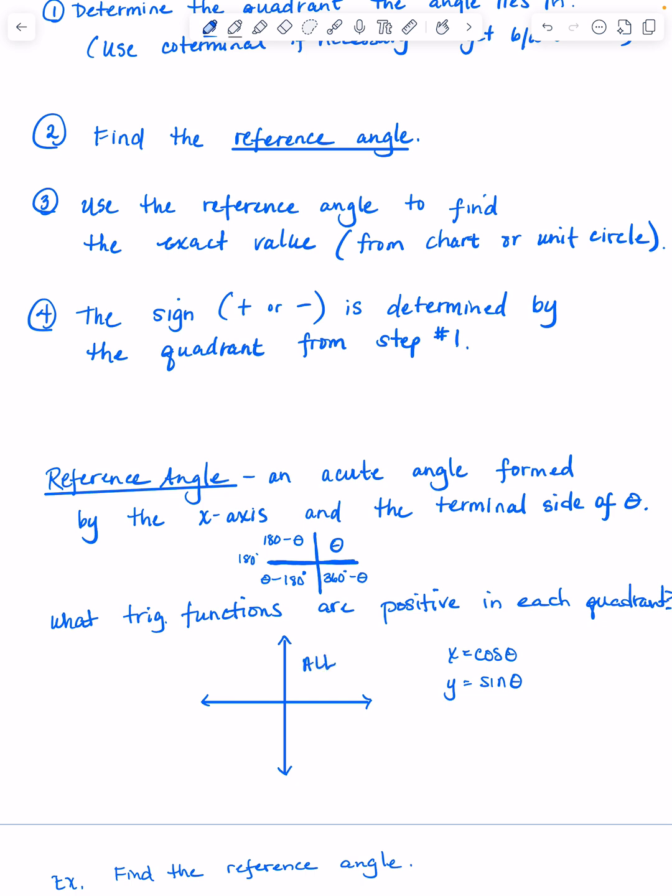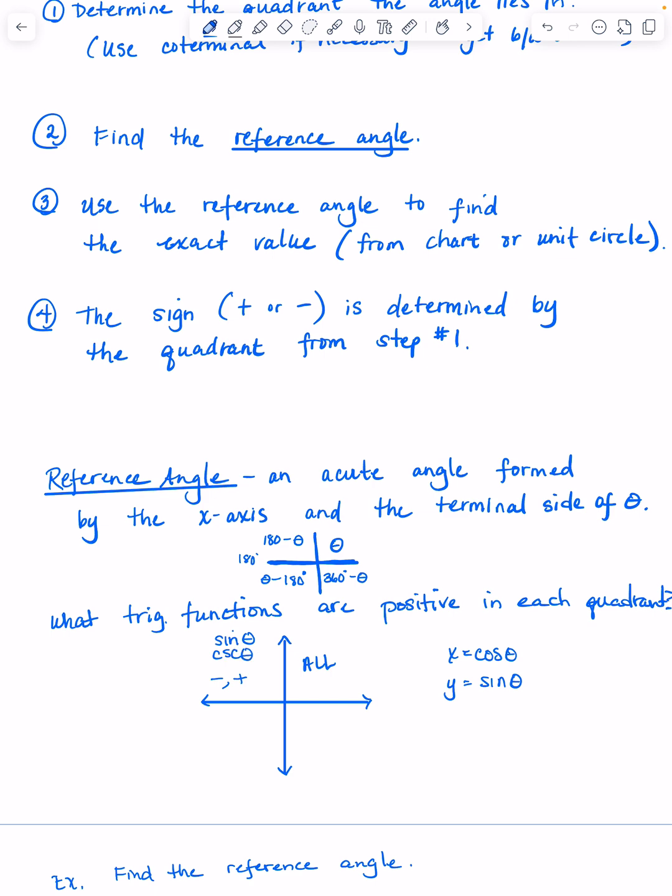All right, using the same logic, if we went to the 2nd quadrant, we would go to the left, which means cosine is negative, but we go up, so sine is positive. So sine would be positive in the 2nd quadrant, as well as its reciprocal, which is cosecant.